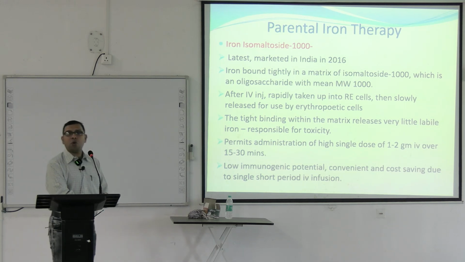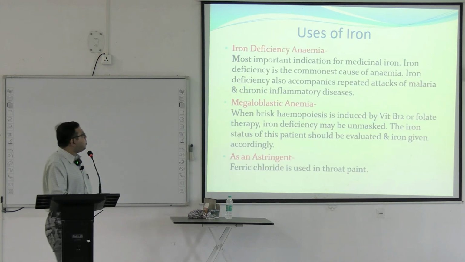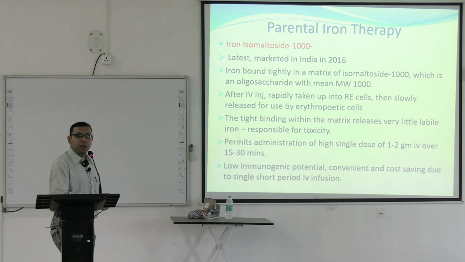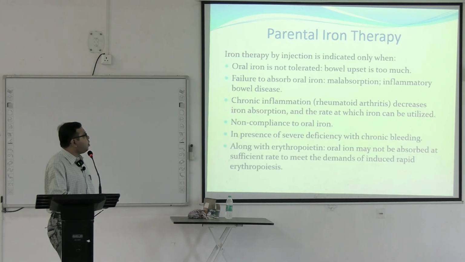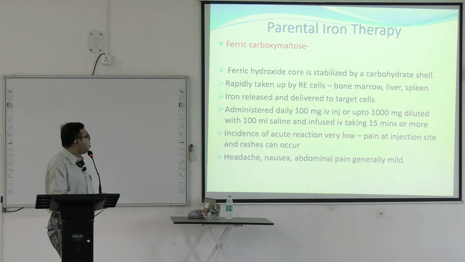Mostly these are used in chronic kidney disease patients, where erythropoietin is also given. So parenteral iron therapy is very important. It usually comes in examinations, as a short note or individually. You have to remember the indications and the different preparations.